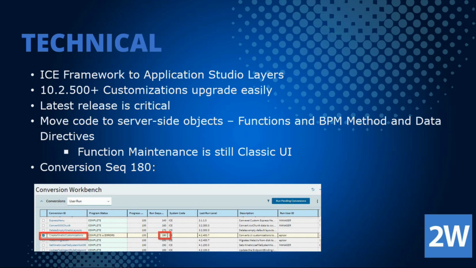If you have classic customizations present, running this conversion will automatically create an Application Studio layer or a Kinetic UI layer that is essentially the best effort at taking your classic screen and making it work in Kinetic.